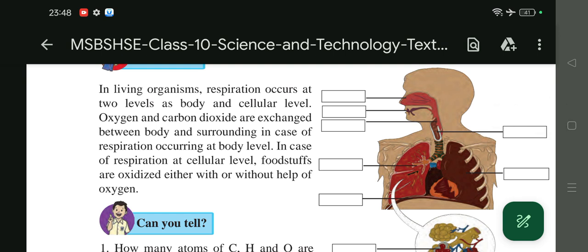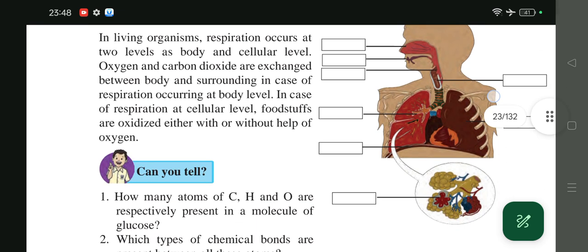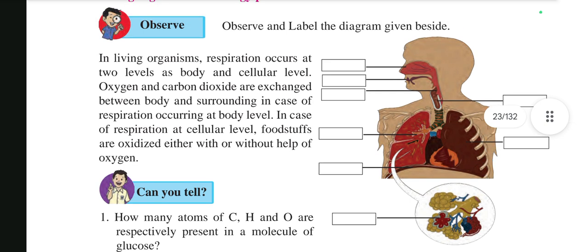In case of respiration at cellular level, foodstuffs are oxidized either with or without the help of oxygen. So here they are saying that respiration occurs at the body level and the cellular level also.